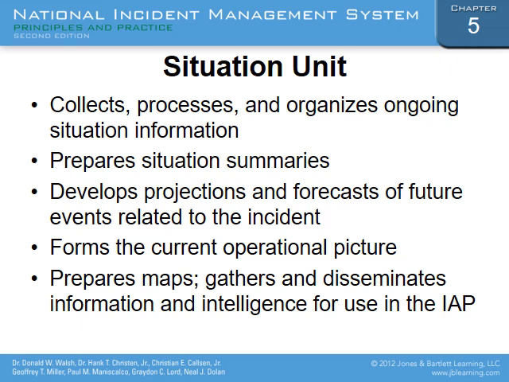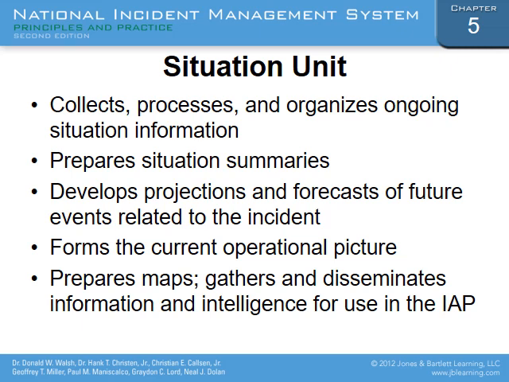They basically collect, process, and organize ongoing situational information. They prepare summaries, they develop projections and forecasts of future events, and they form the current operational picture for the planning section chief. They also prepare maps and gather and disseminate information and intelligence for use in the incident action plan.